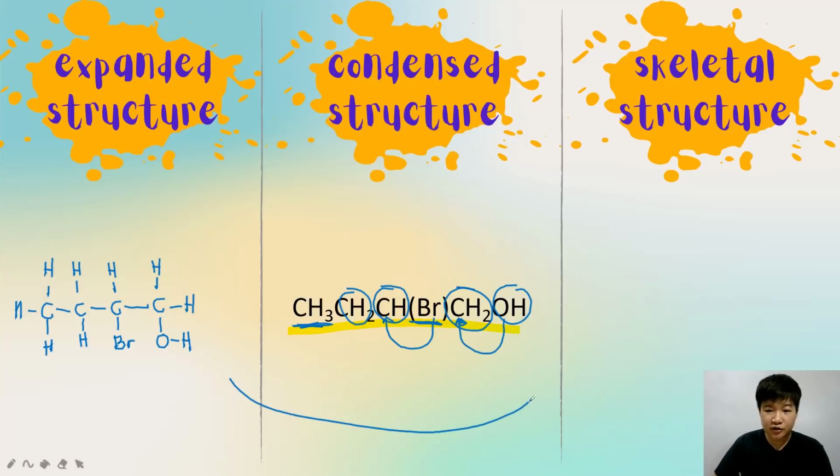And we are going to look at how to draw the skeletal structure. The first carbon is bonded to the second carbon, like this. That is my first carbon, that is my second carbon. The third carbon is holding a Br. And then the last carbon is holding an OH. Okay. Let's check. The first carbon, CH3.